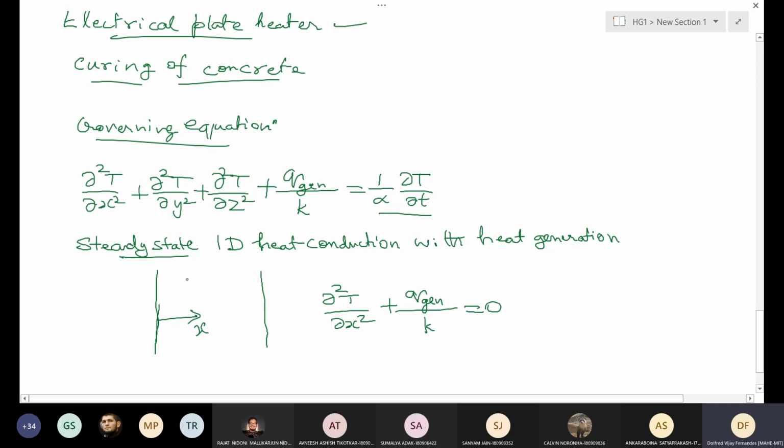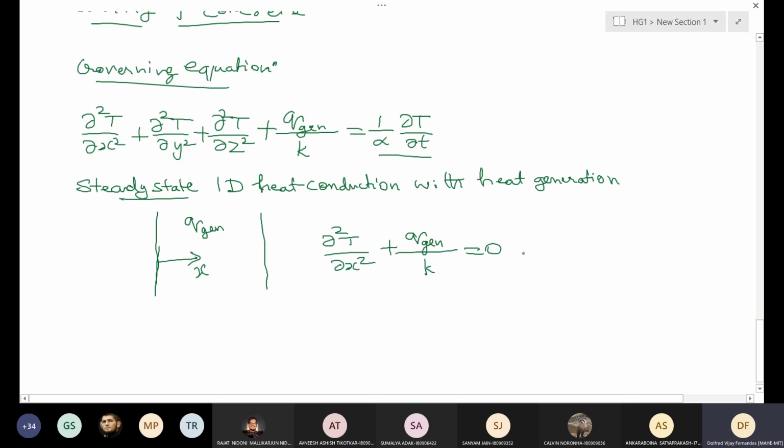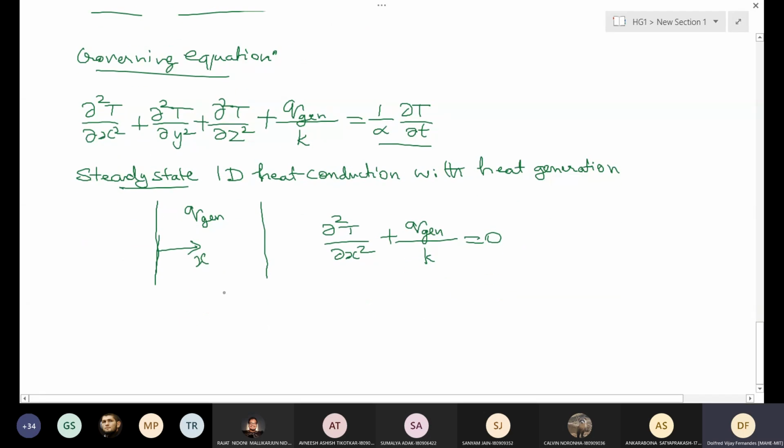Where q generation is the rate of heat generation per unit volume.